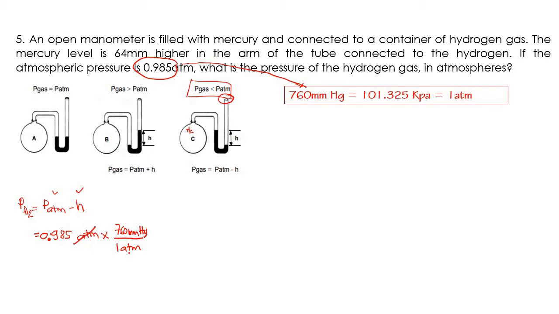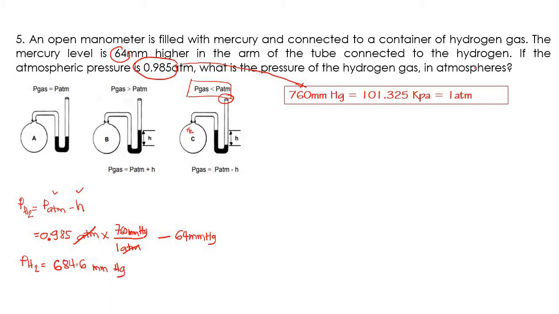So atmosphere and atmosphere will cancel out, and then we subtract the value of H, which is 64 millimeter. Therefore, the pressure in hydrogen gas is 684.6 millimeter of mercury.